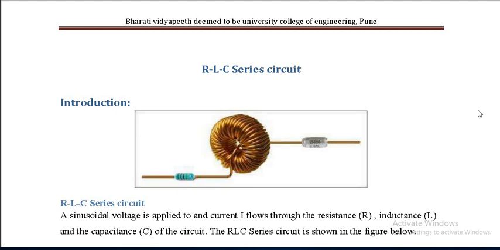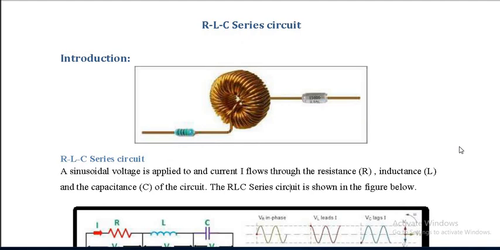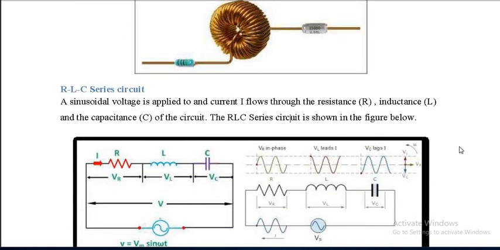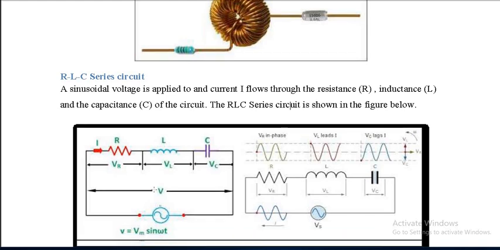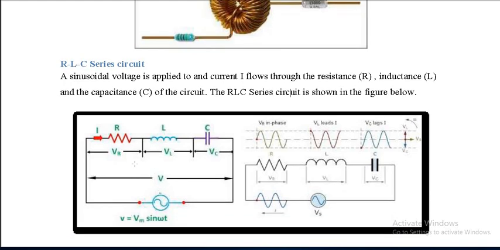You can see over here a resistance, an inductance and a capacitance connected in series. Basically, when a sinusoidal voltage is given to a series combination of resistance, inductance and capacitance as shown in this diagram, whatever is the applied voltage is actually the phasor sum of the drop across resistance, drop across inductance and drop across capacitance.